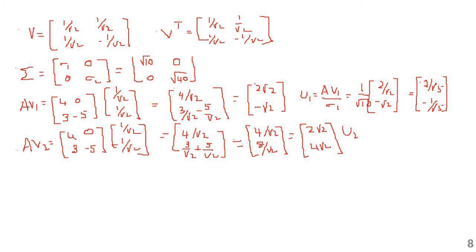So U2 is given by AV2 by sigma 2, that is 1 divided by root 40 times 2 root 2, 4 root 2.